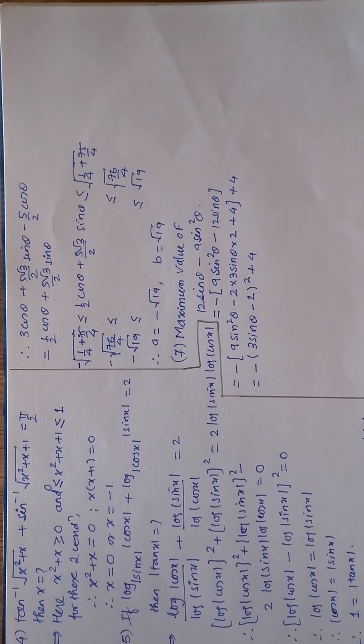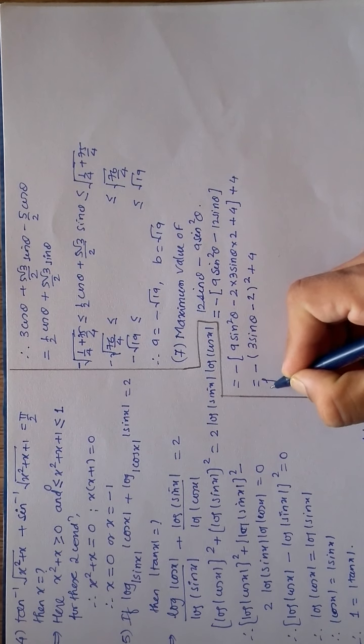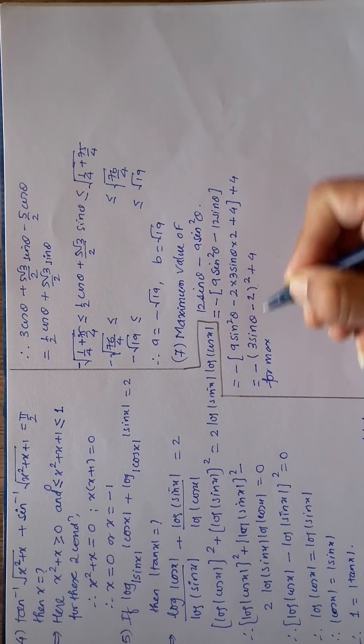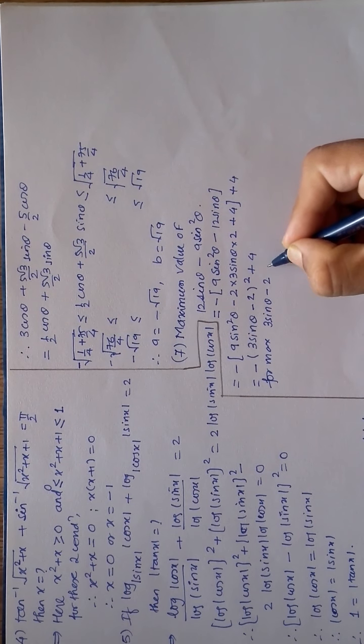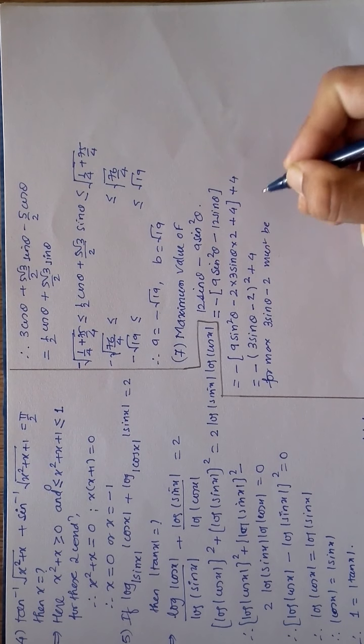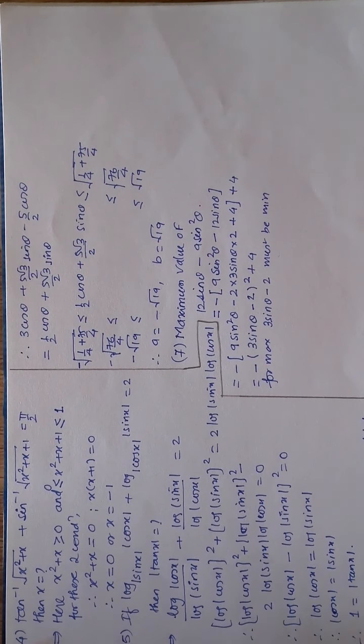Now for the maximum value, the value of 3 sin theta minus 2 whole square must be minimum. Then only will I get the maximum value, because if this value is more, it will reduce the number, as it is already negative. For this answer to be big, this value must be smallest, that means 3 sin theta minus 2 must be equal to 0.